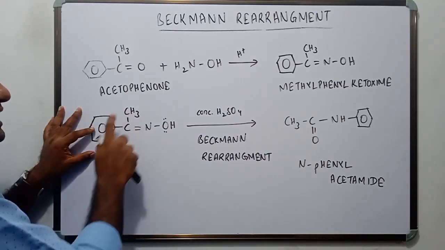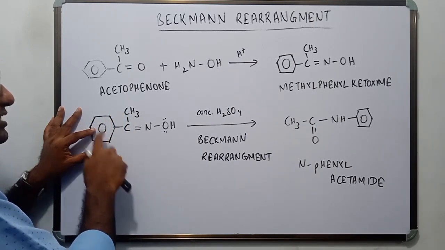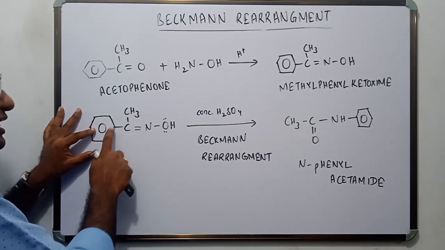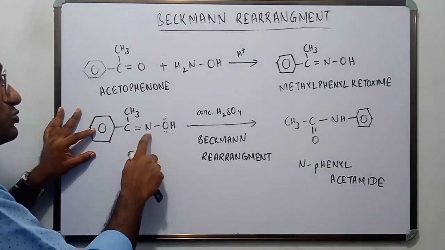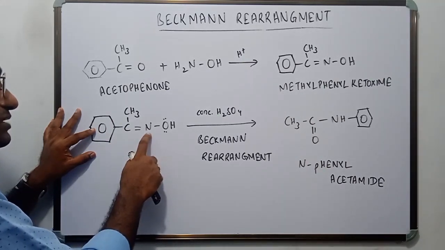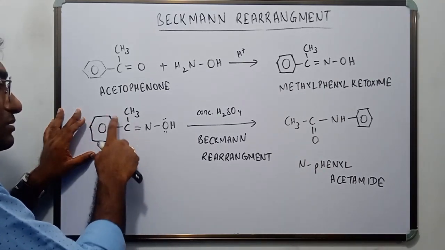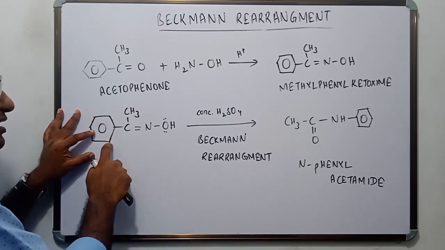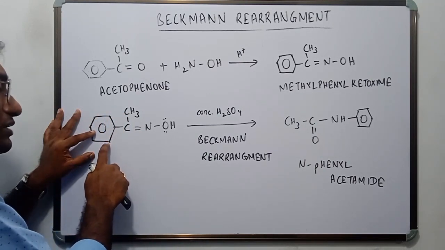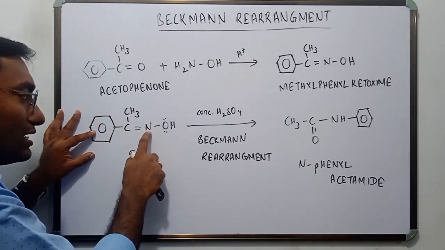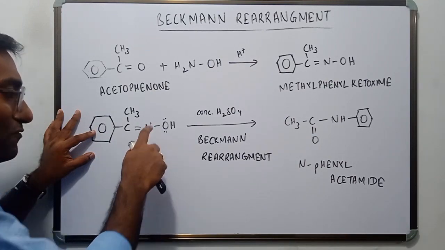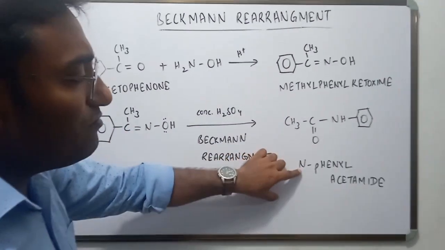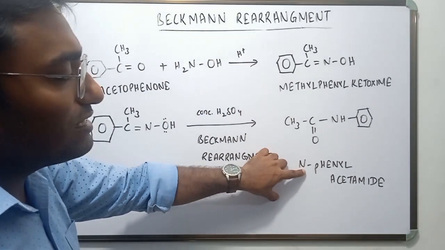Now which group migrates to nitrogen? Definitely the more electron donating one goes to the nitrogen. Among these two, this is the more electron donating one, this phenyl one. So it migrates to the nitrogen, and what results is an N-phenyl acetamide.